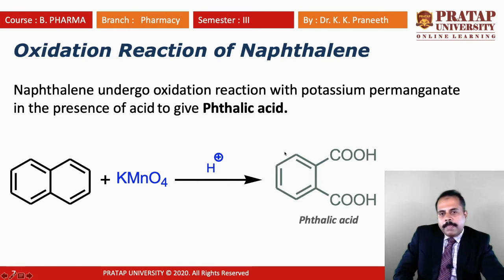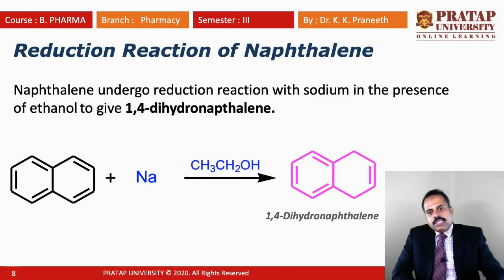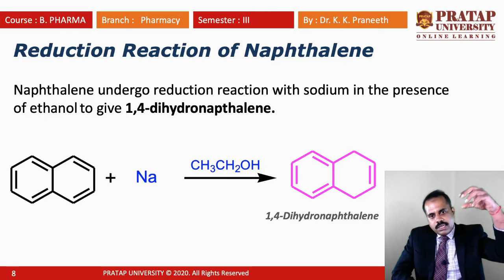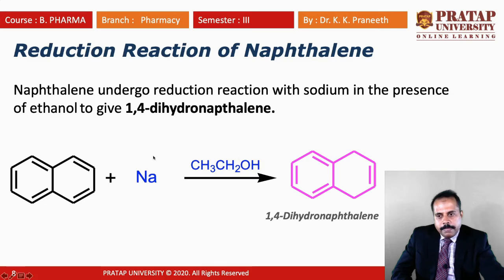Now, we will see important reduction reactions of naphthalene. Reduction, I have already told, is an addition of hydrogen, right? Hydrogen is added into the naphthalene. So, you can see here naphthalene undergoes reduction reaction with sodium. Reduction reaction means we supply electrons.